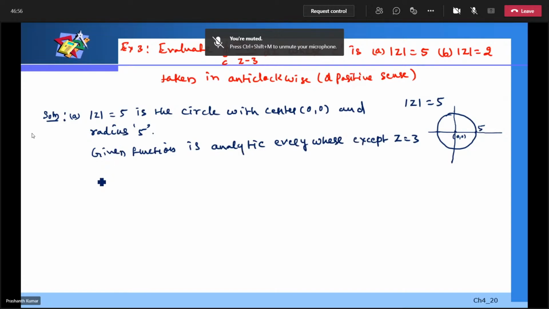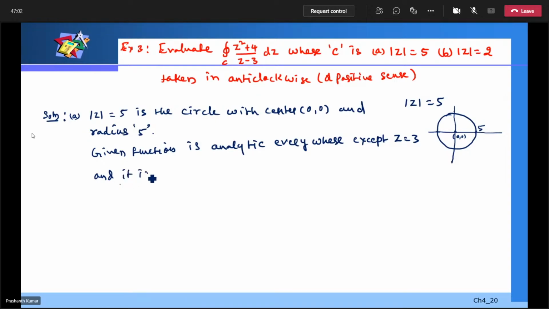And it lies inside C. That is, z naught is equal to how much?